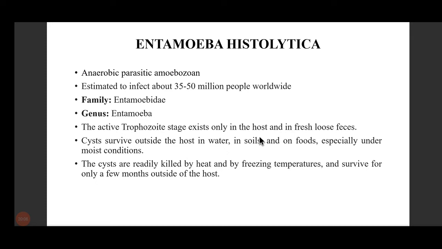Okay. So, can you all tell me which is the infective stage of Entamoeba and which is the pathogenic stage? It exists in two forms, trophozoite and cyst. Which is the infective stage, which is infecting the human, and which is the pathogenic stage, which is causing the pathogenesis? Start answering.